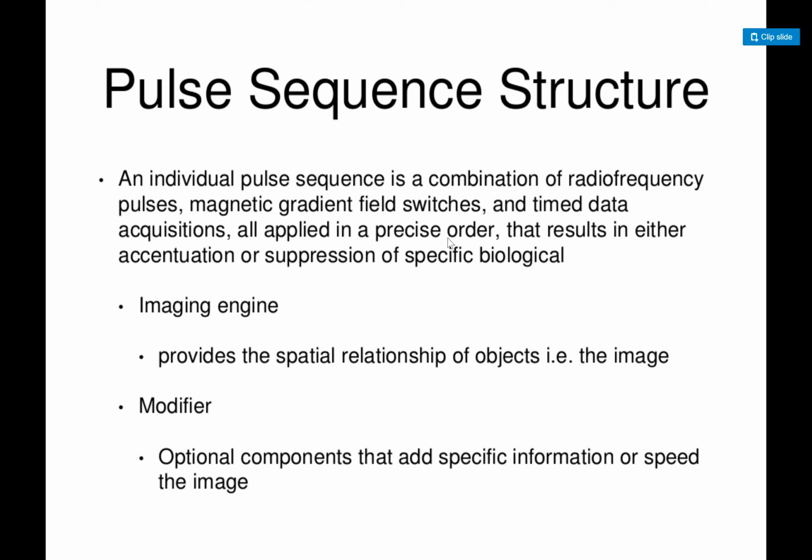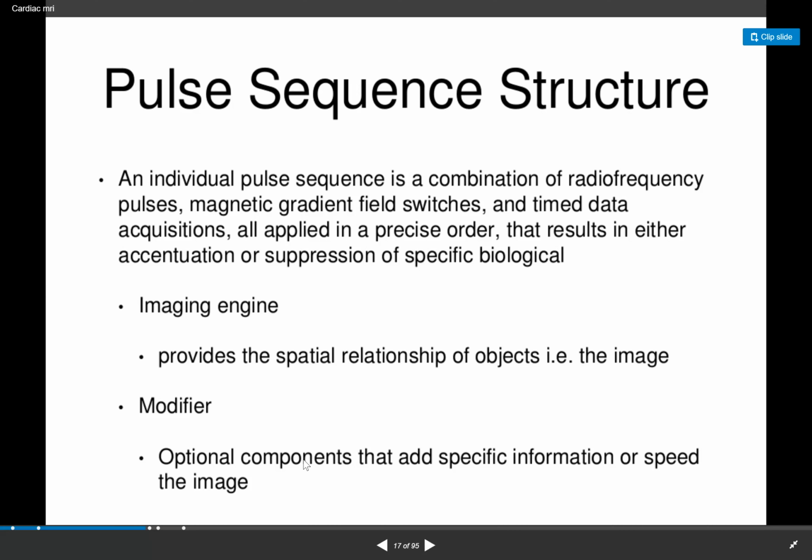So a pulse sequence is a combination of radio frequency pulse and magnetic gradient field switch. Inside the MRI machine, we have gradient coils. What they do is they change the magnetic field across the inside of the MRI machine.